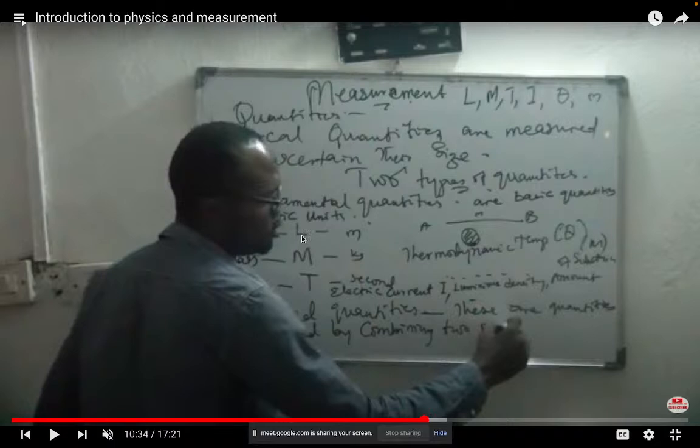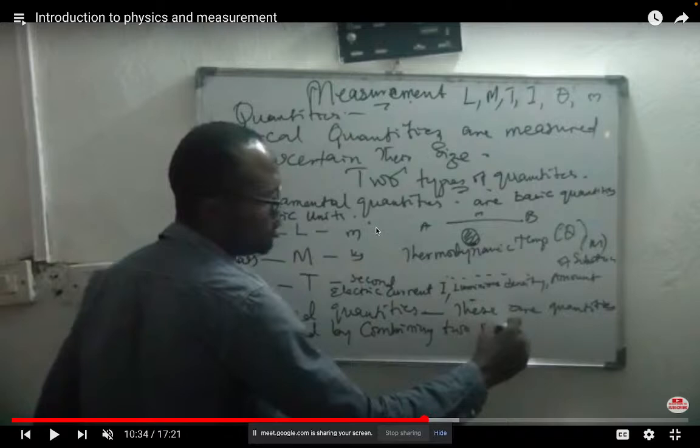The unit for length is meters, the unit for mass is kilogram, the unit for time is seconds. Then other fundamental quantities that are not the ones I've mentioned are electric current, luminous density, and amount of substance, which is in mole. Also, thermodynamic temperature, theta, is also a fundamental quantity.